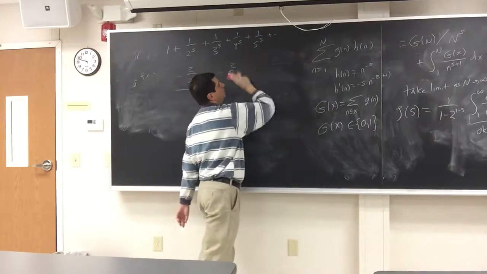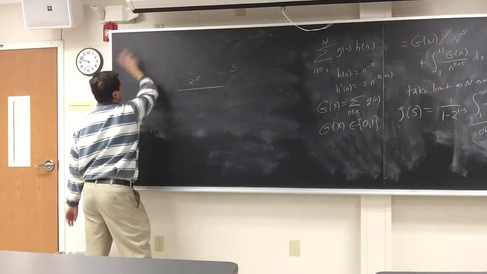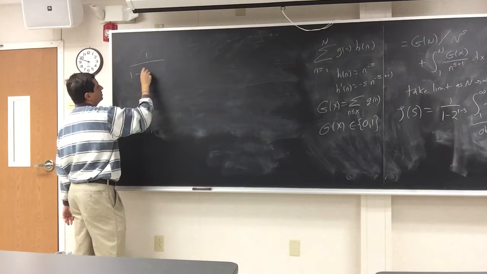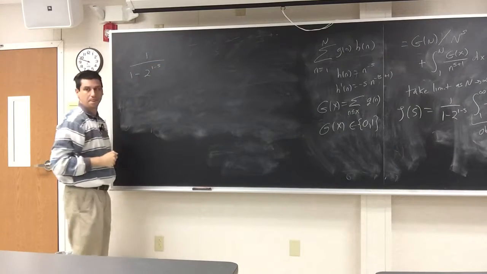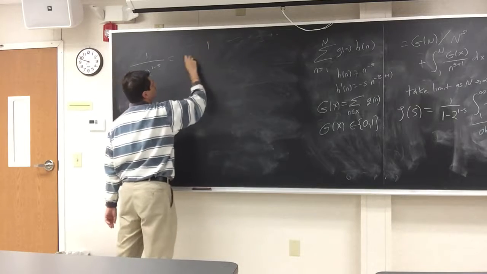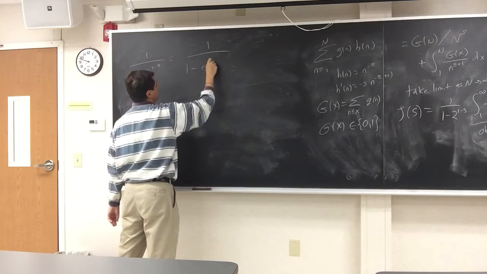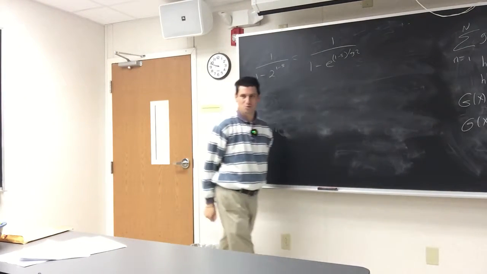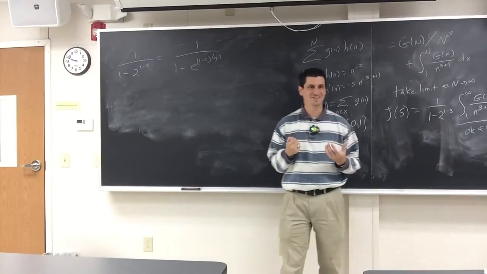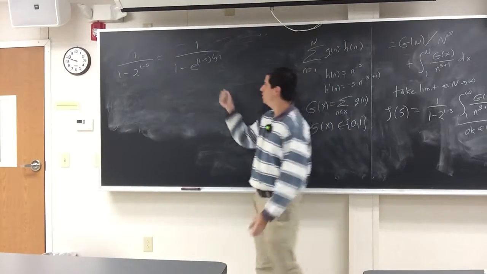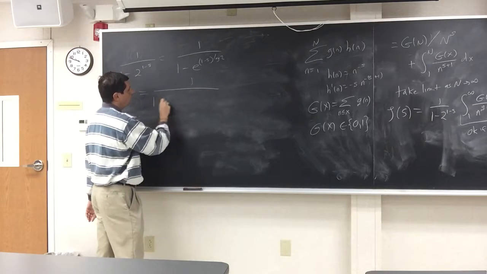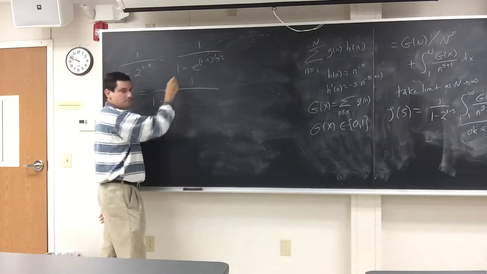And so let's now beat the clock. So we want to look at 1 over 1 minus 2 to the 1 minus s. This is equal to 1 over 1 minus e to the (1 minus s) log 2. Never, ever work in any base other than e. Okay? Well, how do I study this? This is equal to 1 over 1 minus, now I just do the series expansion for e.